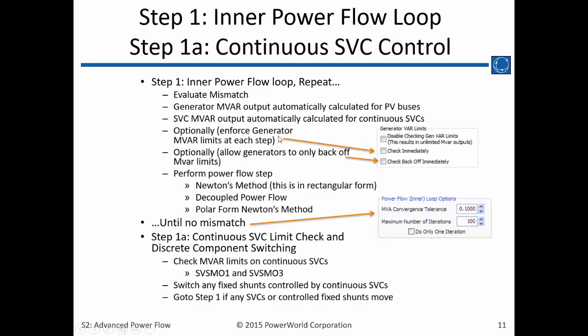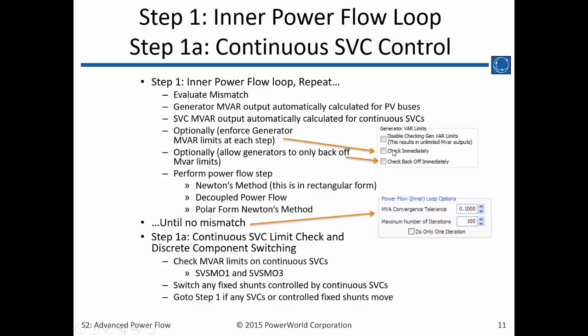However, there are rare occasions when that is necessary, and it's usually related to when you load a case that has generators that are already violating their VAR limits. Because if you don't check them immediately, it will try to solve the power flow with those VARs violating their limits first.